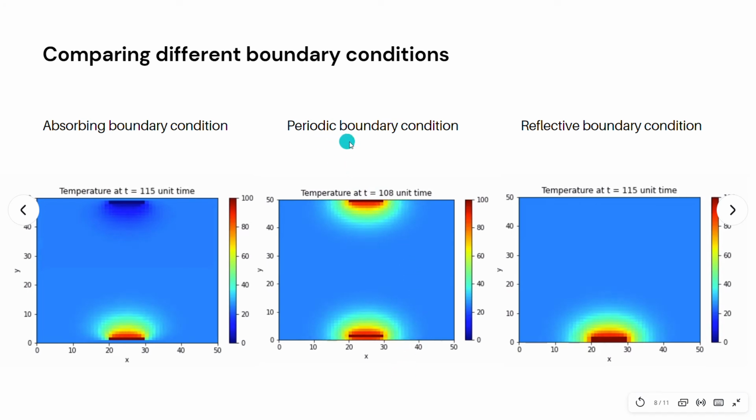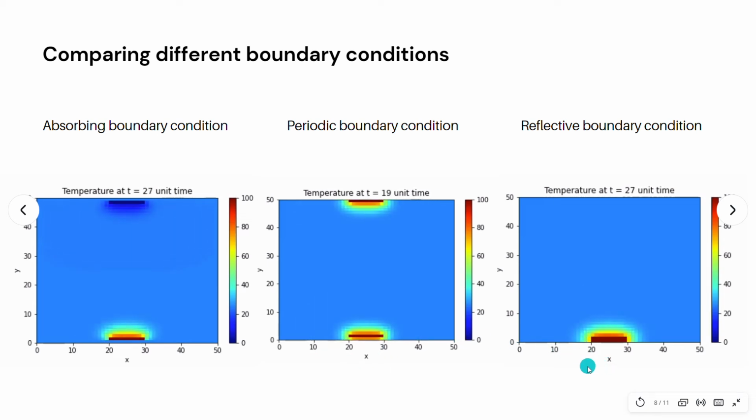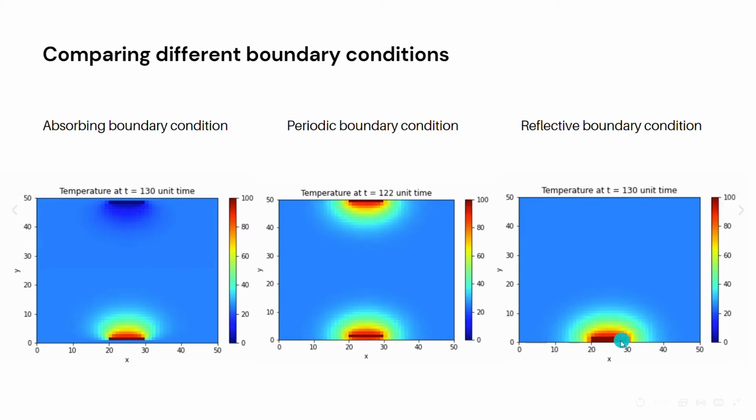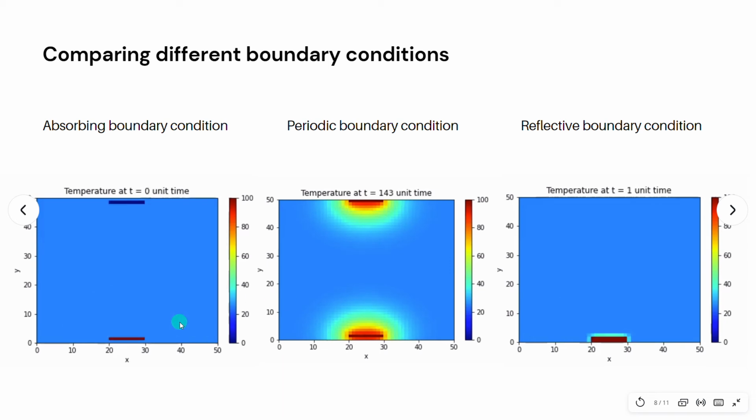So we obtain a periodic boundary condition. And from all of these, we can clearly see that we have a maximum intensity of this neon color in the reflective boundary case, followed by periodic and then absorbent.